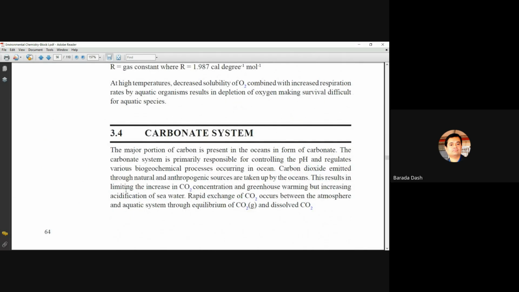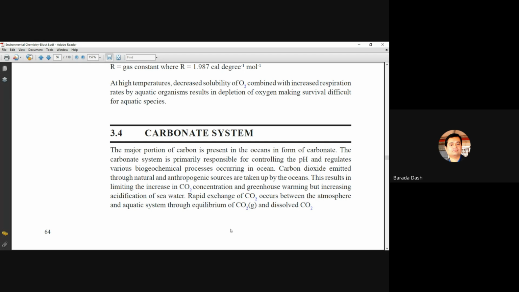So next is the carbonate system. A major portion of carbon is present in the ocean in the form of carbonate. The carbonate system is primarily responsible for controlling the pH and regulates various biological and biogeochemical processes occurring in the ocean.